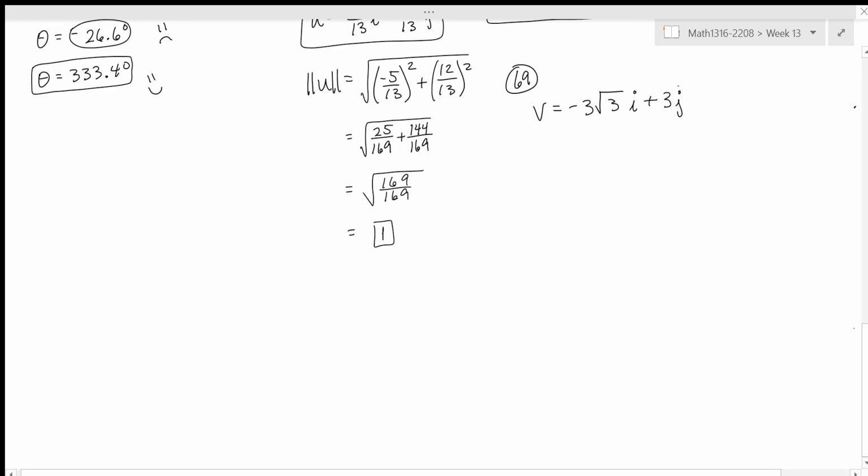So what is the value of a and b? And to find the direction angle, that's going to be the inverse tangent of b over a.